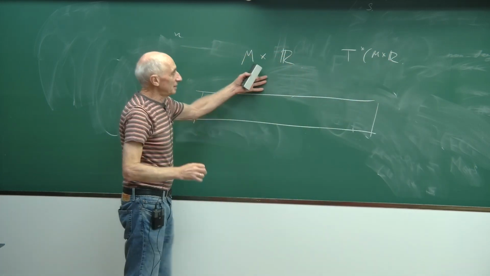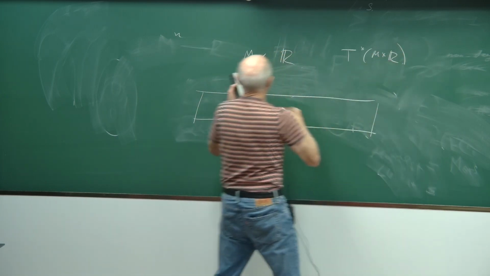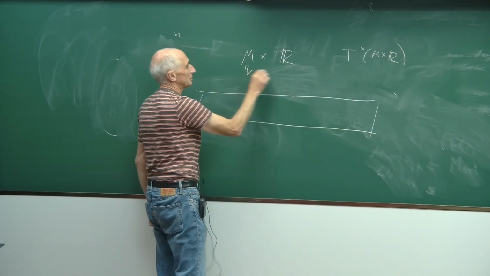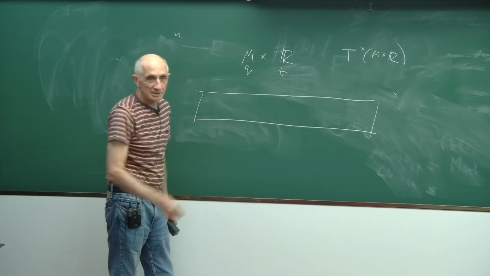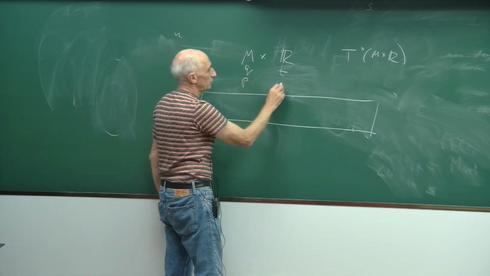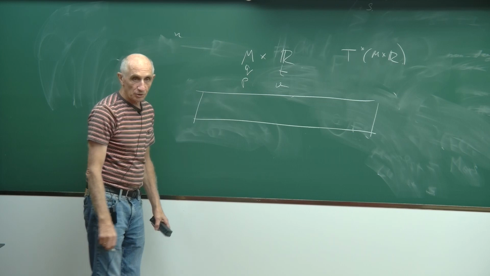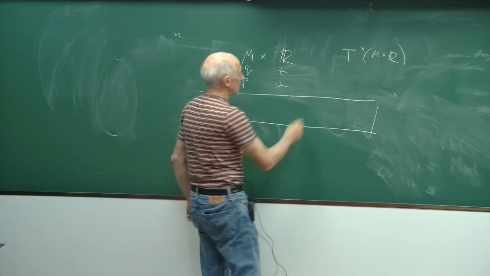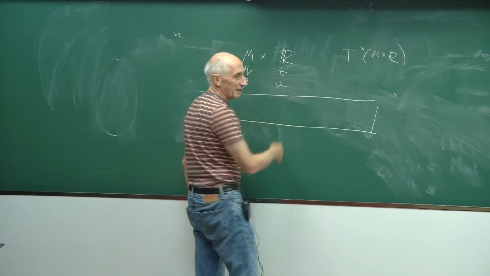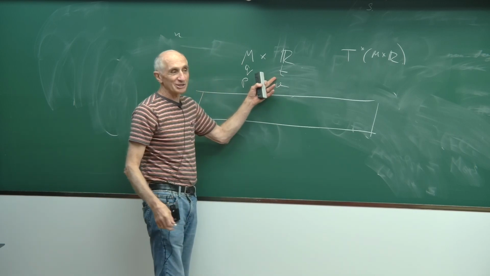So there are coordinates, let's say q, t, and there is a dual coordinate, p and u. In the cotangent bundle, you can take a Lagrangian which is the graph of the function dt.